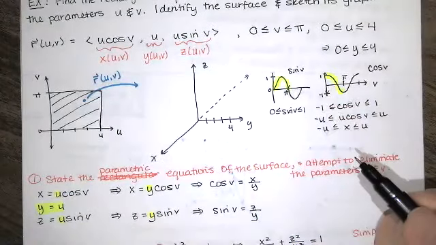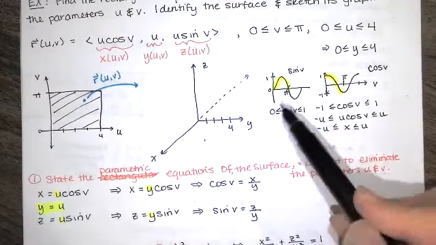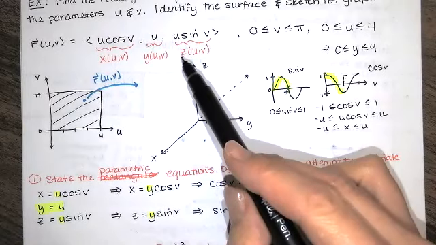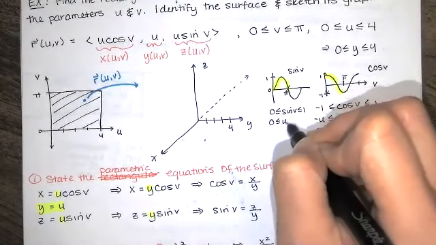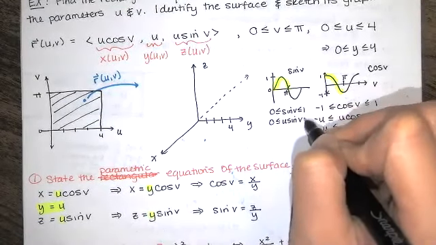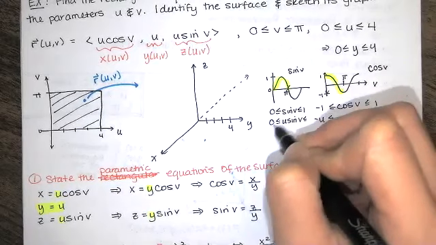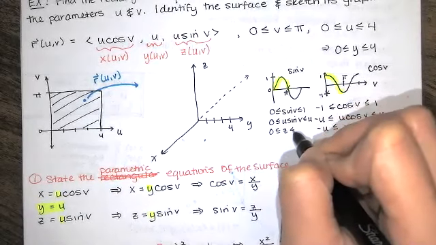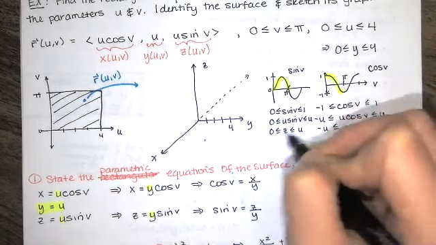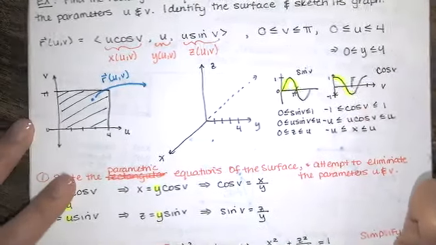Just on the interval from 0 to pi. And if sine goes from 0 to 1, that means z, if I multiply this inequality by u, goes from 0 to u. So z is always greater than or equal to 0.